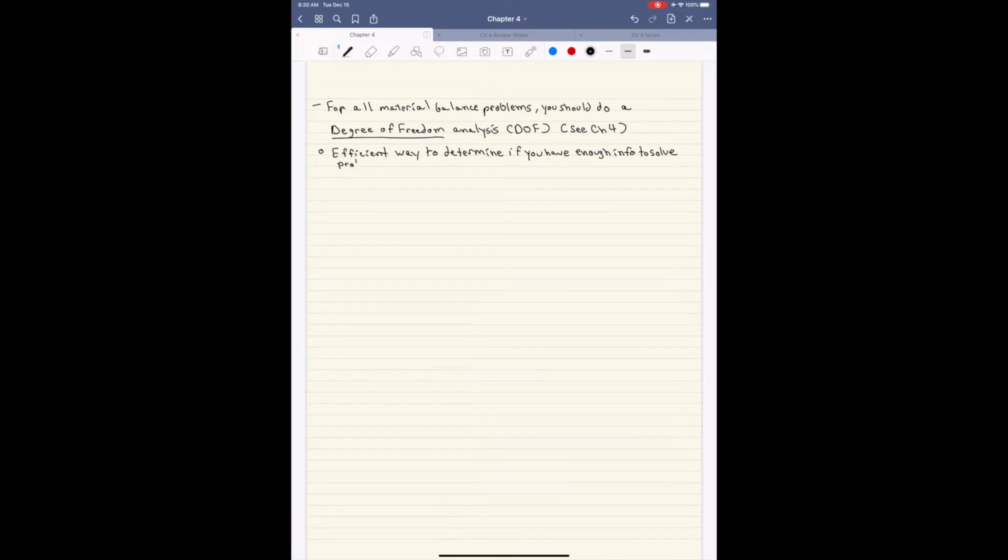Okay. And so, by doing that, if you do determine you have enough info to solve a problem, then you could start applying material balances. But perhaps maybe even more importantly, if you determine you do not have enough information, then this prevents you from wasting time on unsolvable problems. Okay?